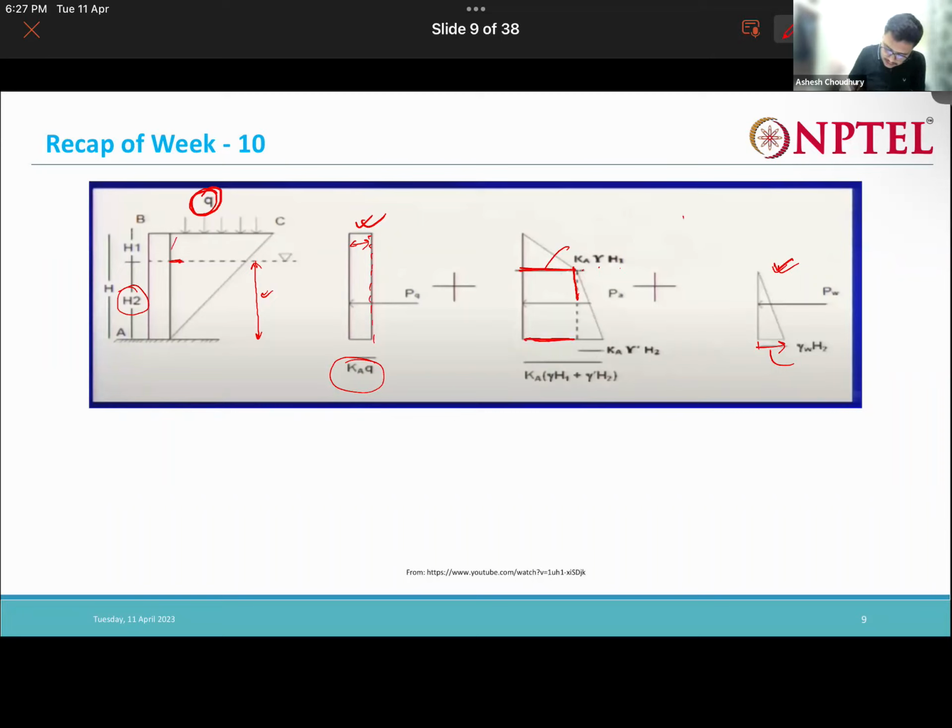So this gamma into H1 will be acting as a surcharge for this part. It will be gamma into H1 into Ka. So this part will be fixed, plus there will be some additional part which will be solely due to this region. The vertical stress in this region is a triangular distribution, which will be H2 into gamma submerged into K.